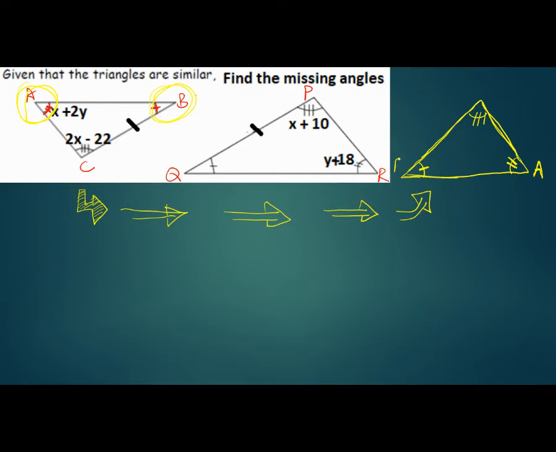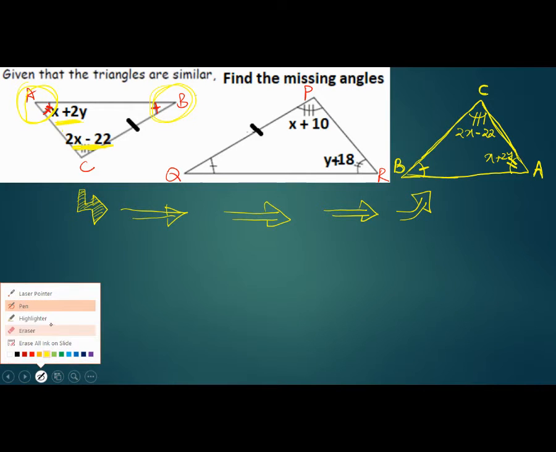So, this is going to be B. Obviously, the third one is C. Now, look at what is the value of A. It is x plus 2y. And next, what is the value of B? Not given. Value of C, I see that it is 2x minus 22.